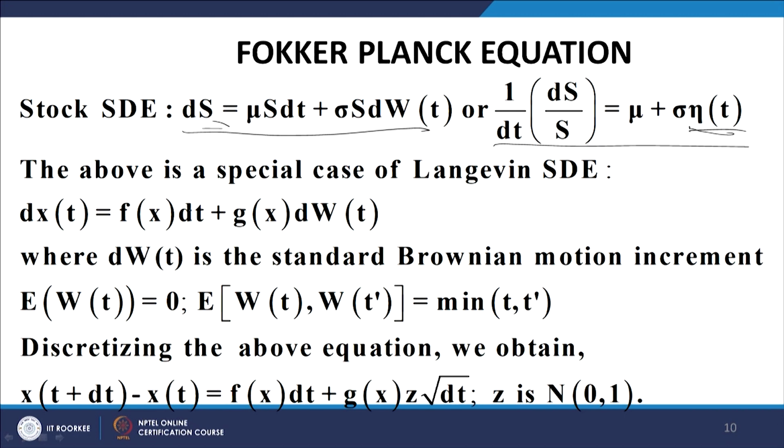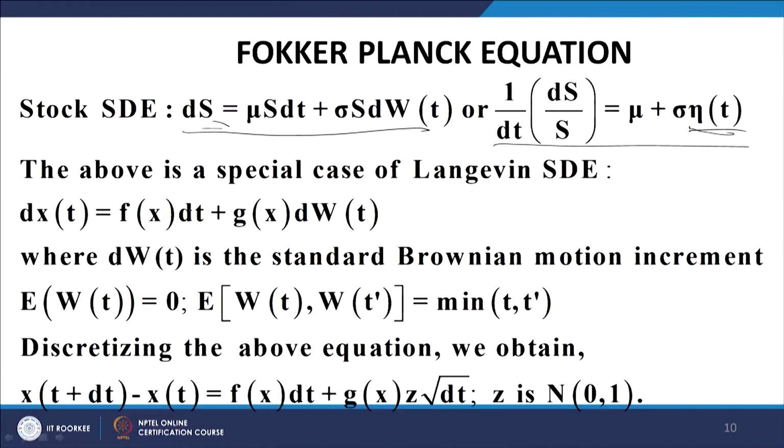We will arrive at the Fokker-Planck equation for the general curve, then construct the Fokker-Planck equation for the stock price, and finally solve that equation. Now, the important thing is that this Fokker-Planck equation is the equation for the conditional probabilities. There are no probabilities here directly, but this translates to an equation for probabilities. Let us go through it.